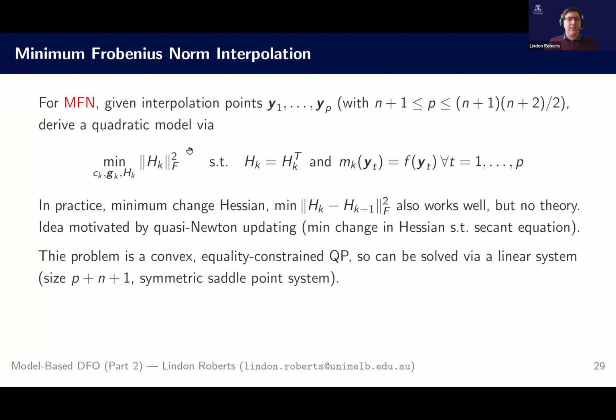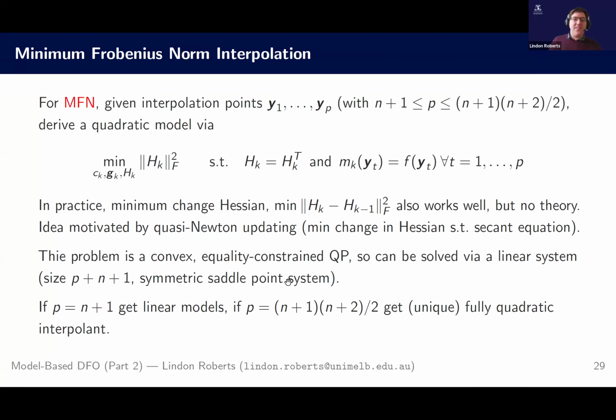This becomes a convex, equality constrained quadratic program for finding C, G, and H. And that boils down to solving a linear system of size P plus N plus 1. It has a symmetric saddle point structure, for those of you that care about numerical linear algebra. And this does generalize. If you send P all the way to N plus 1 or all the way to N squared over 2, you do recover the linear and fully quadratic interpolants.